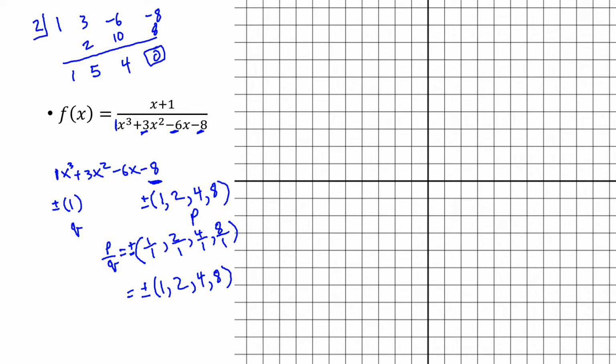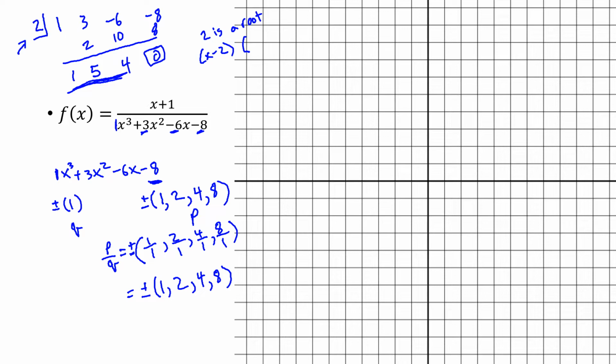According to both our remainder theorem and factor theorem, we know that 2 is going to be a root. And if 2 is a root, according to the factor theorem, that means x minus 2 is a factor. So in other words, what we found out was this 2 represents x minus 2, one of the factors, and the other factor is this depressed polynomial that we have down here.